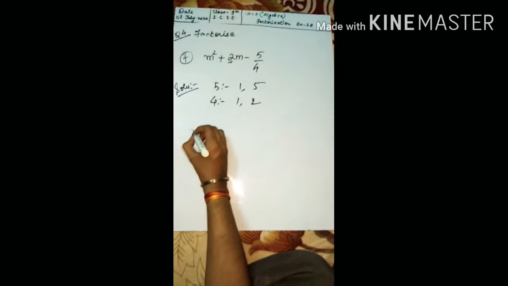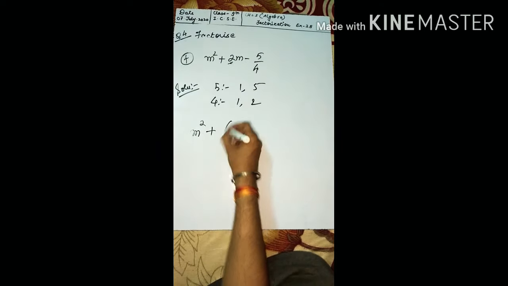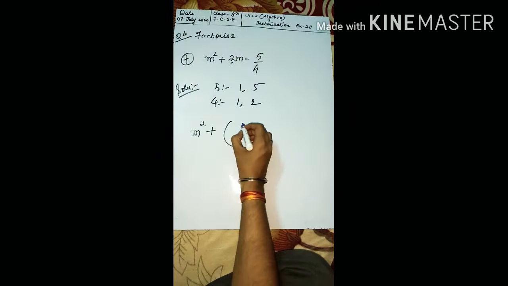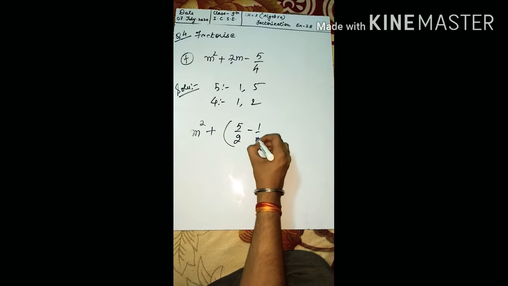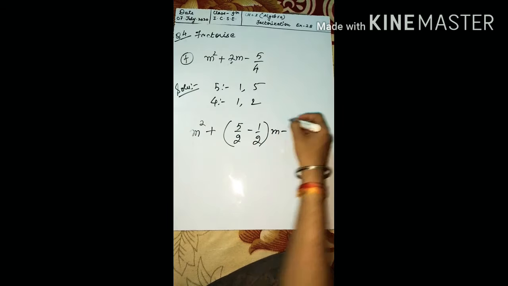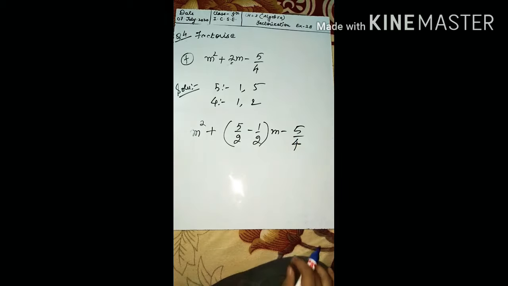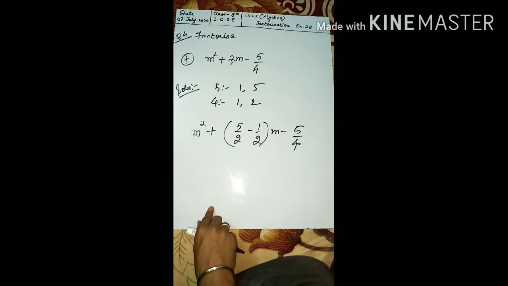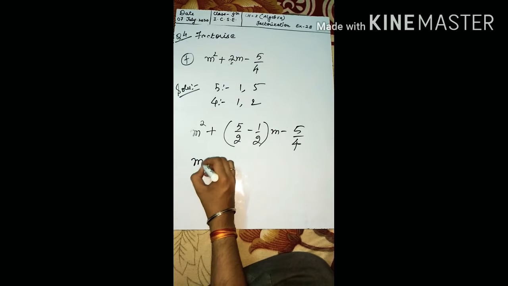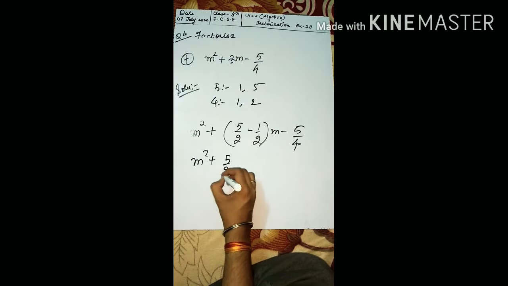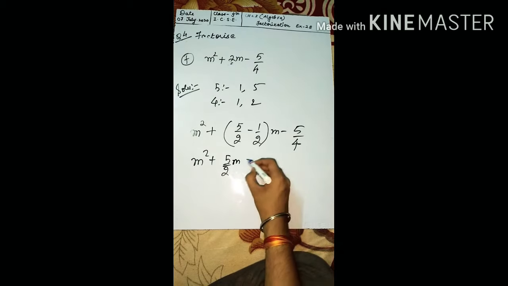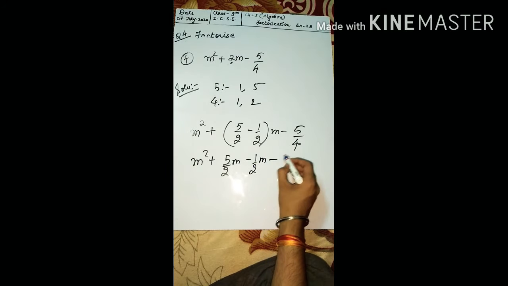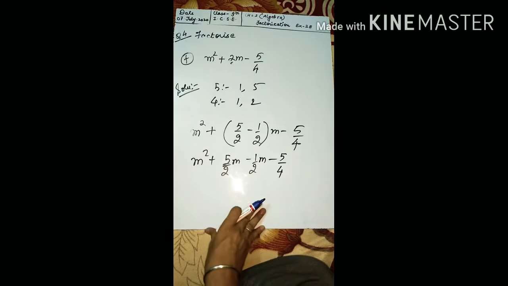So what we are going to write: m square plus this 2 can be written as 5 by 2 minus 1 by 2, into m, minus 5 upon 4. Okay, because 5 by 2 minus 1 by 2 will get 2 as the answer. Multiply this m inside. So 5 by 2 m minus 1 by 2 m minus 5 by 4.